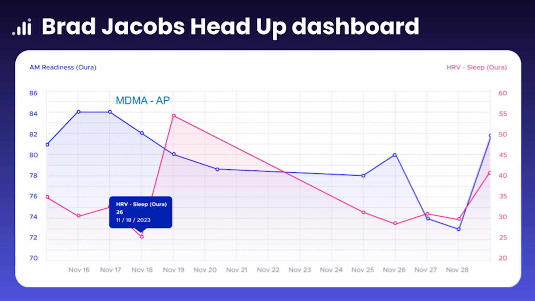What we found here is this person's HRV set point, if you look on the right-hand side, is in the low to mid 30s. And then you can see they had a big drop in their heart rate variability. Lower heart rate variability, less variability, is not a good thing.